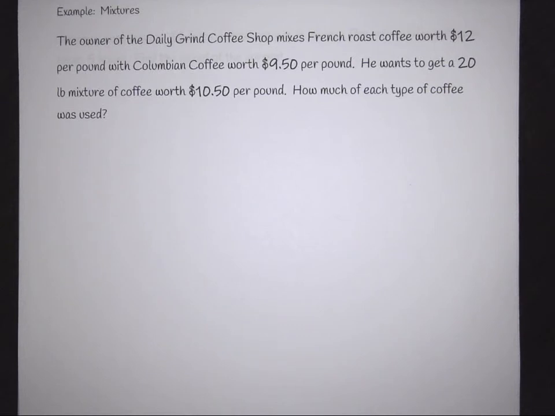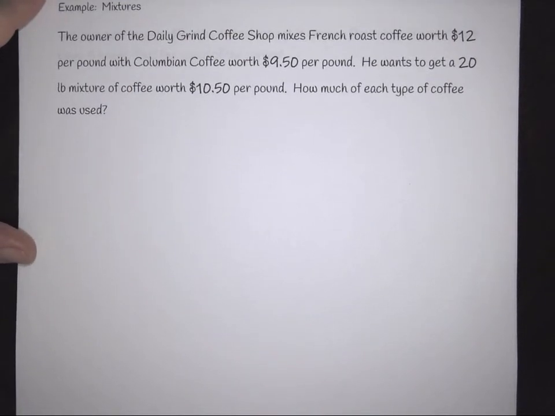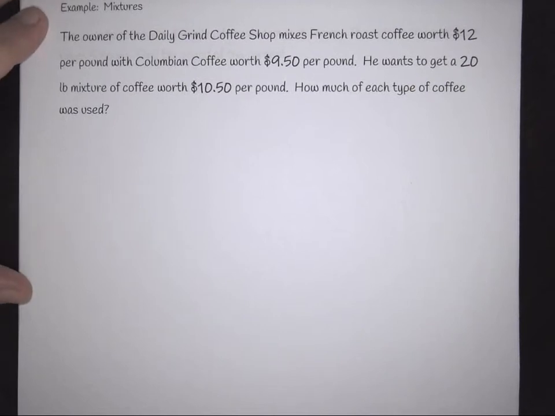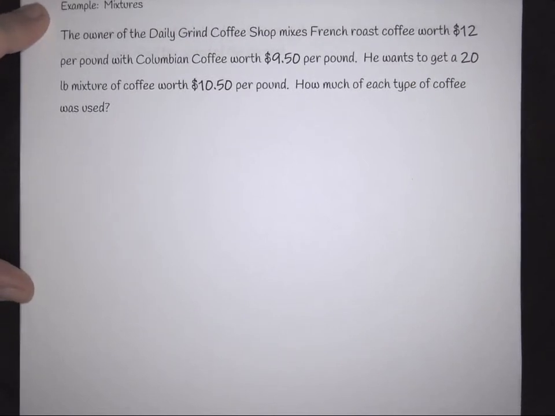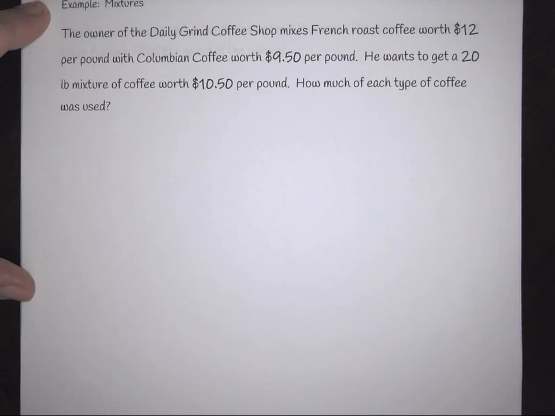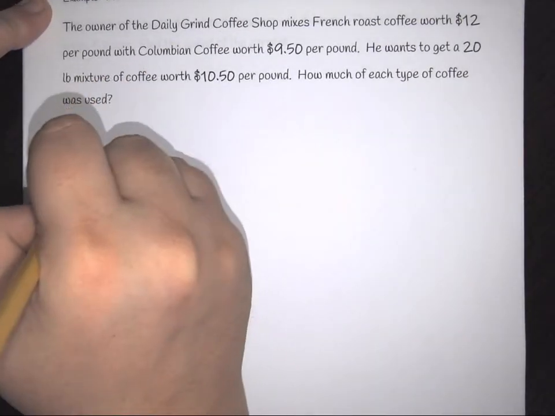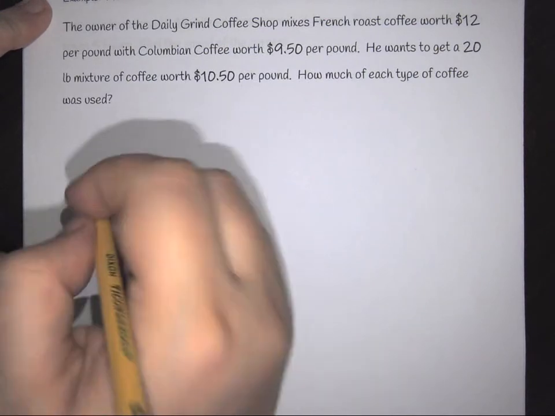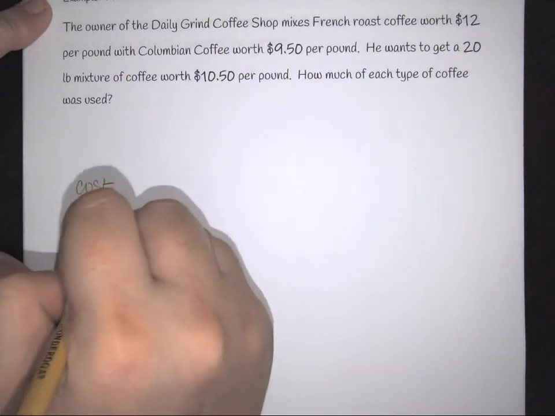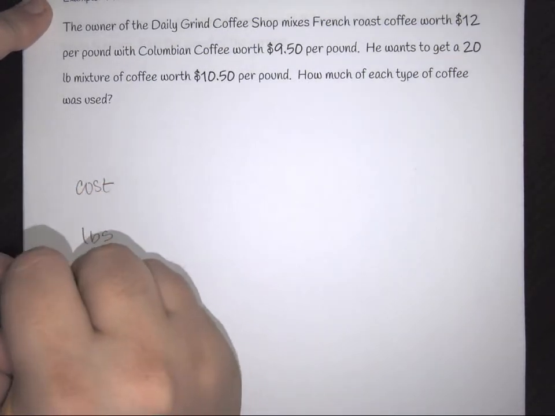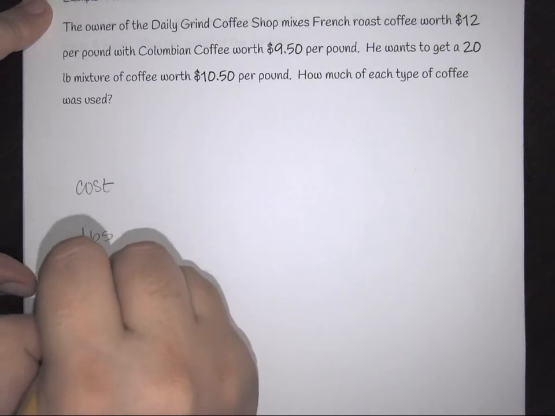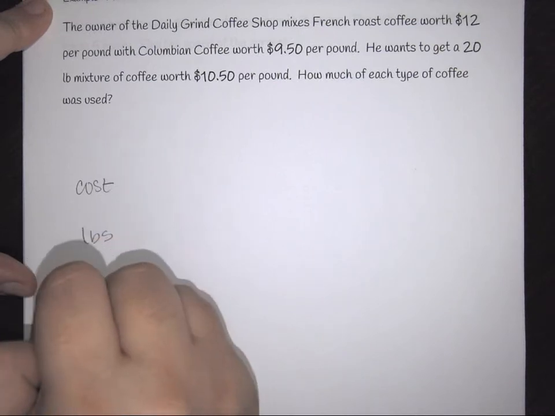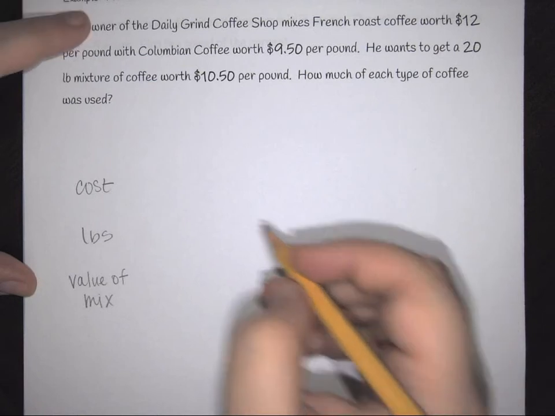So here, we're actually going to use a table in order to create our system of equations. First and foremost, we have to look at what we know. One, we know the cost of the coffee. We know the pounds of the coffee, and we know the value of the mixture of the coffee.